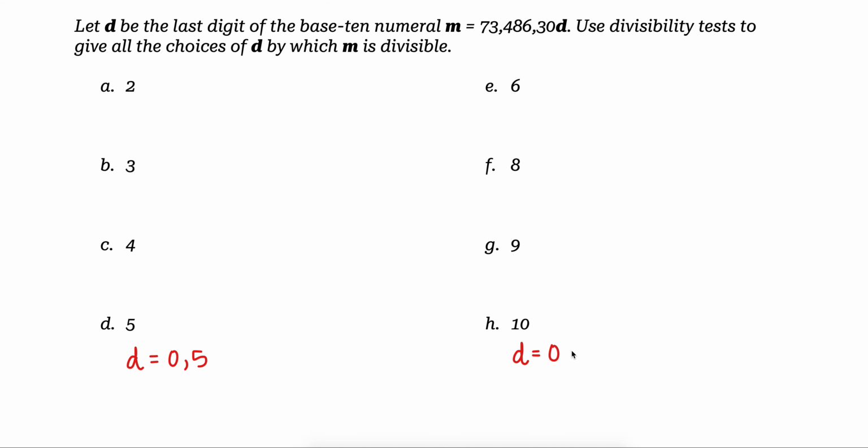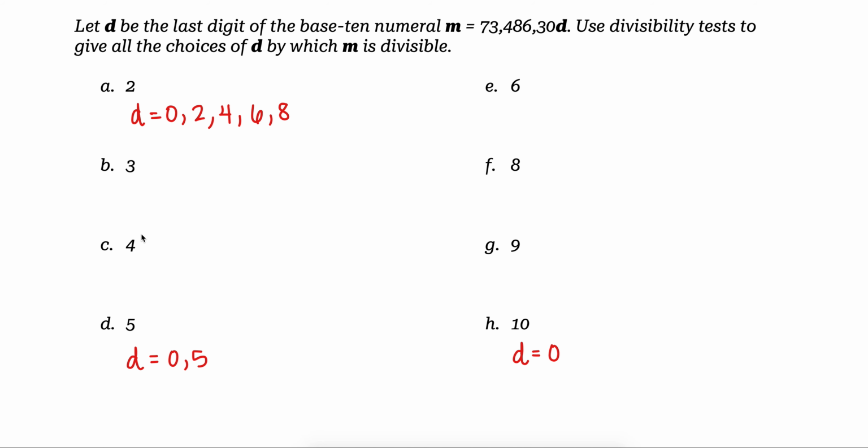So I'm going to move up to the 2. For M to be divisible by 2, its last digit must be even. So that means that D needs to equal 0, 2, 4, 6, or 8. I'm now going to jump down to 4, and then I'll look at 8, and we'll come back to 3 and 6.